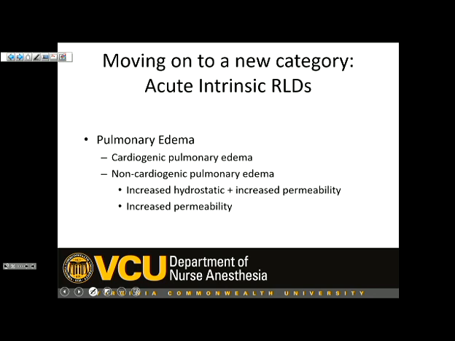Now, can we see patients who will develop pulmonary edema under anesthesia due to other conditions, not the anesthetic-specific one that we'll talk about? Sure. And certainly we'd want to be able to recognize that. But ultimately, it's important to think about this. It's considered an acute, clearly intrinsic restrictive lung disease, and the primary issue may be that we can't ventilate this person.